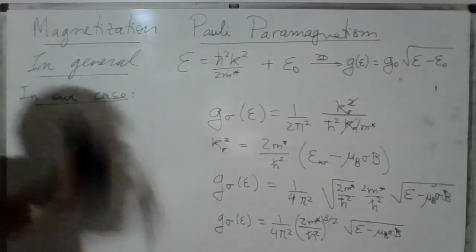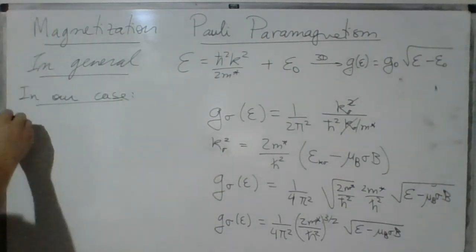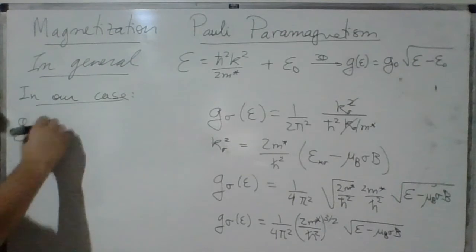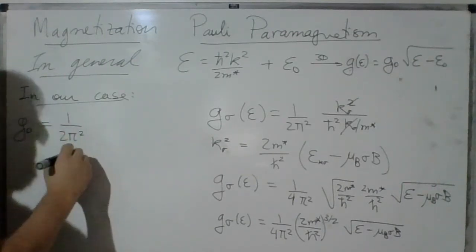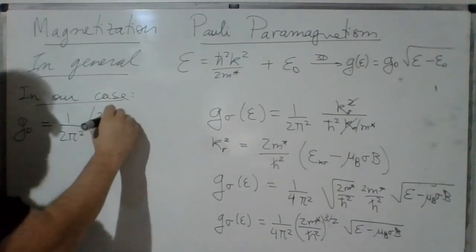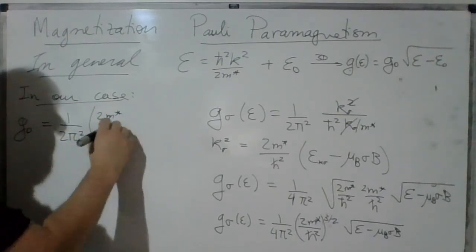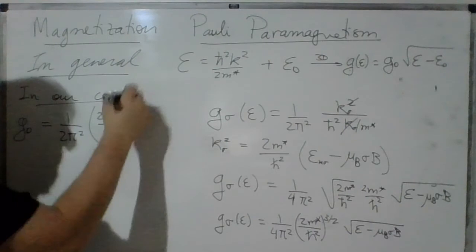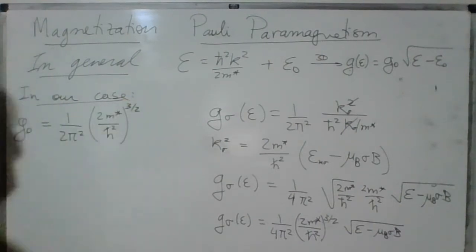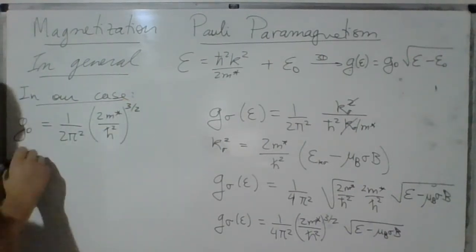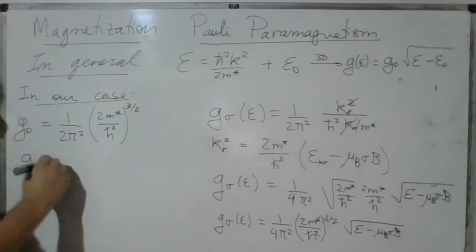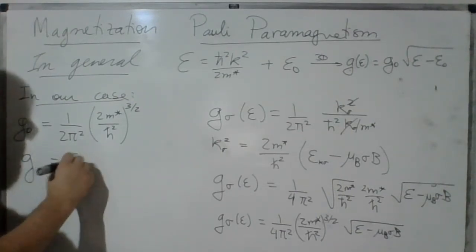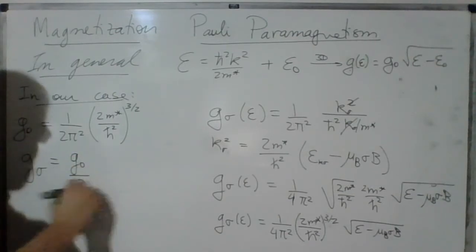we previously defined that G0 to be 1 over 2 pi squared, 2 times the effective mass divided by h bar squared, to the 3 halves. And therefore, the G, depending on the spin, is equal to G0 over 2.